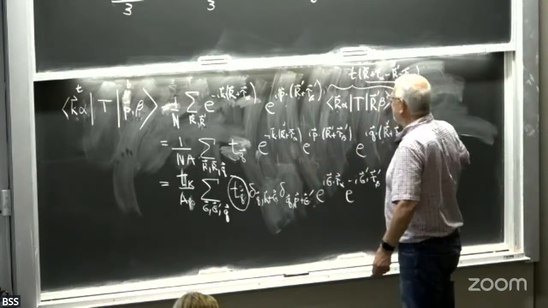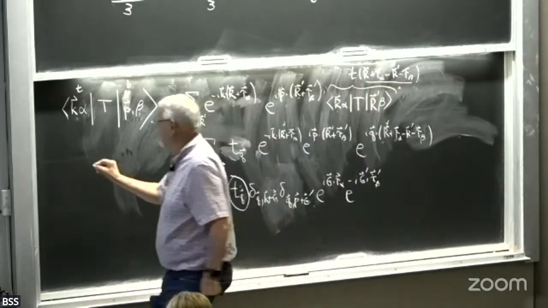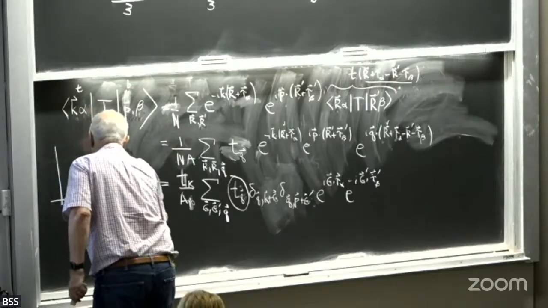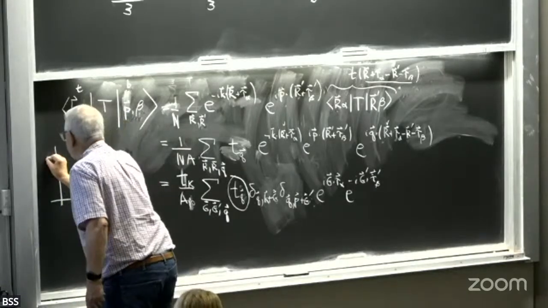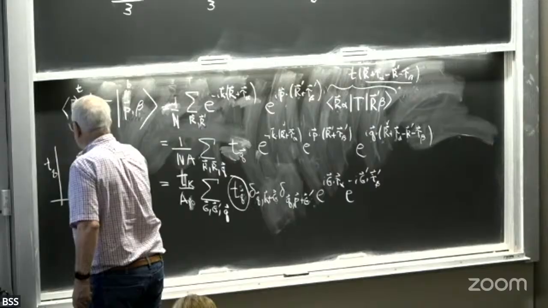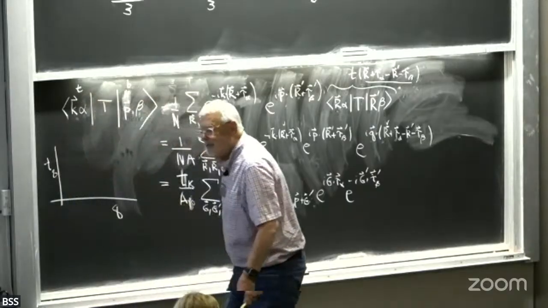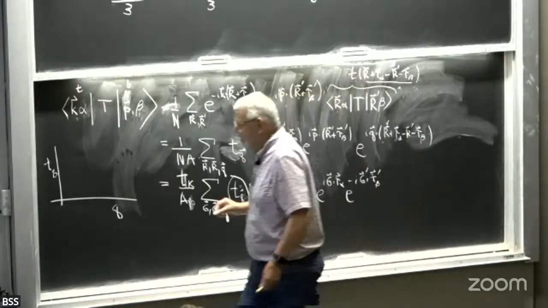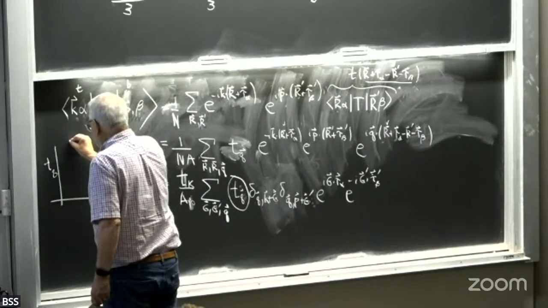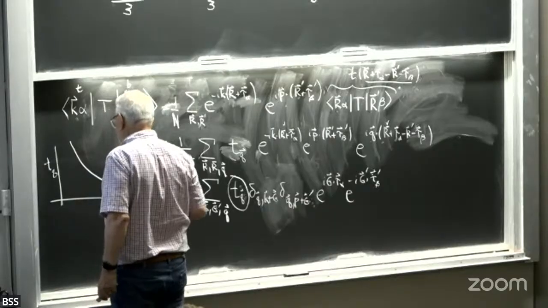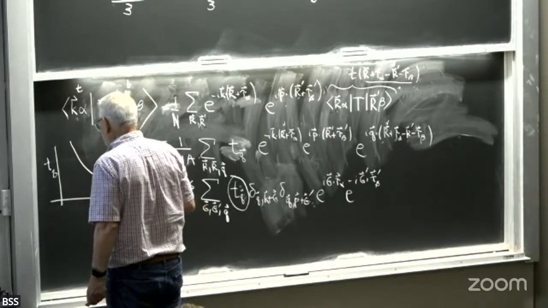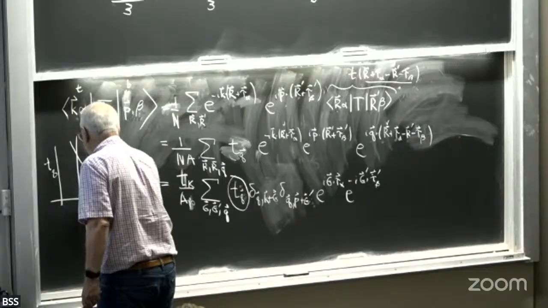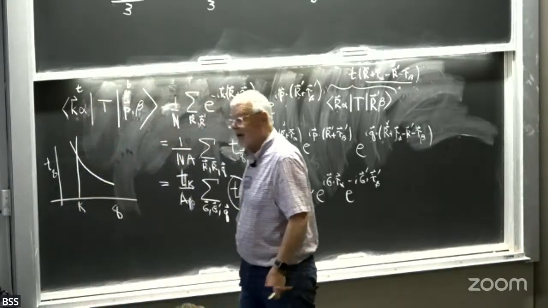So this function T of Q, the G equal G prime equals 0 term in this sum, is at some wave vector, which is the Brillouin zone corner wave vector.